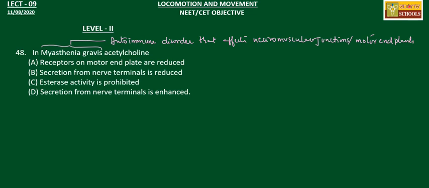Now let us see how that neuromuscular junction is seen. Suppose this is the synaptic knob, and here is the cell membrane, that is the sarcolemma, the cell membrane of a muscle cell.